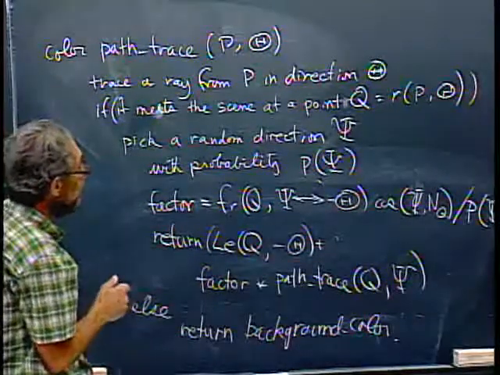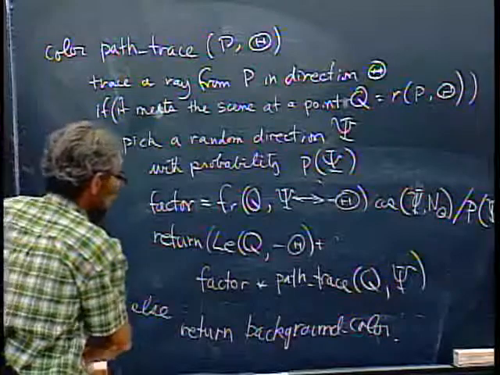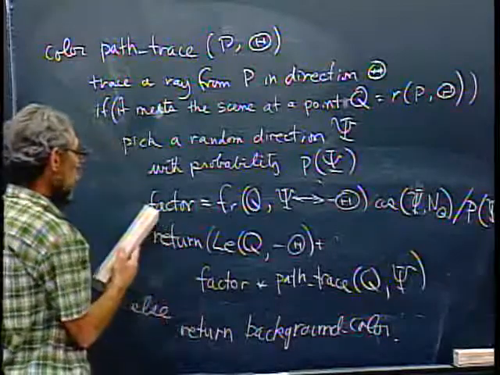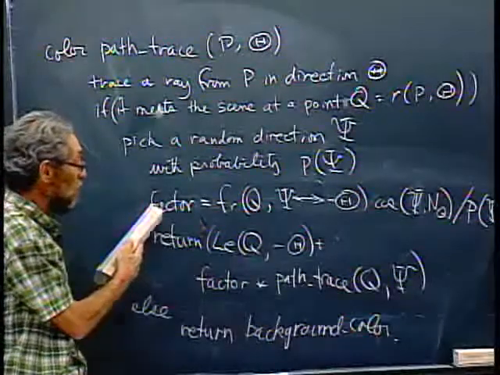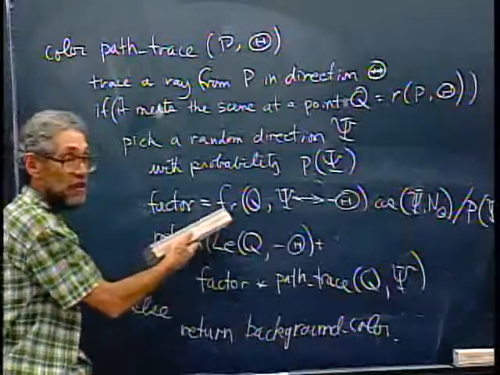But another way to do it is to keep multiplying these factors together, right? Because the factor really says how much that's actually going to contribute.